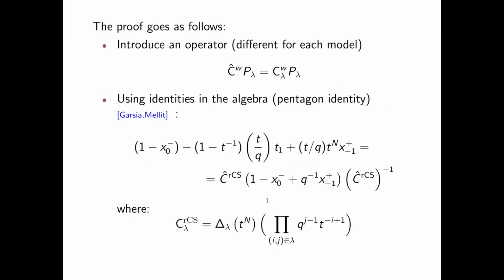The solution is basically the same. We introduce an operator, C hat, such that when acting on Macdonald polynomials, it gives exactly this product factor in the superintegrability formula as an eigenvalue. As I remind you, for Chern-Simons theory, this is this factor over here.